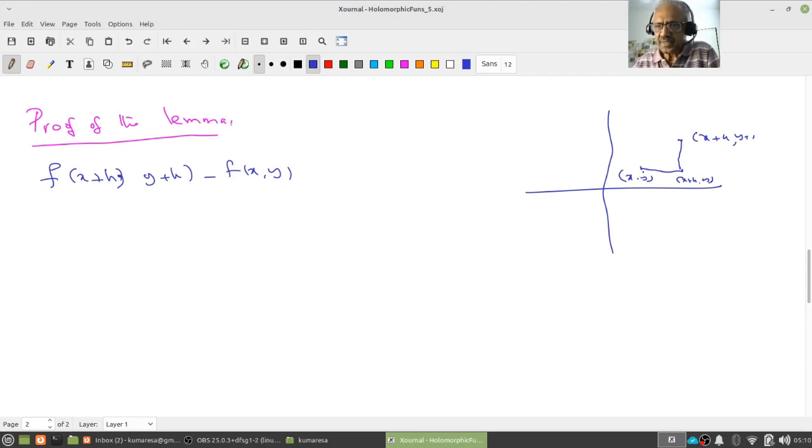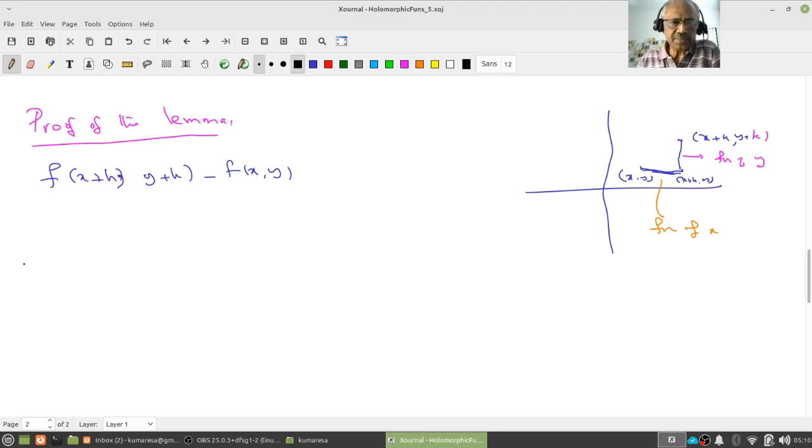If I restrict my f to this, that's going to be a function of x alone because y is kept fixed. Whereas when I restrict f to this, it's a function of y, because y is the one which is going to vary. This is y plus k. So that is the trick.